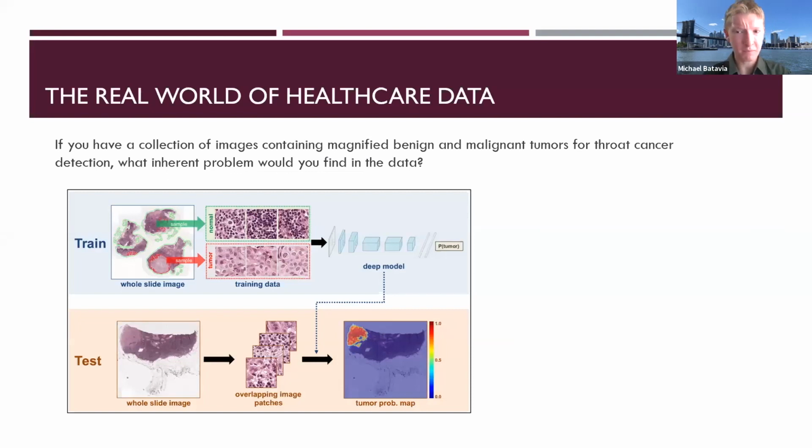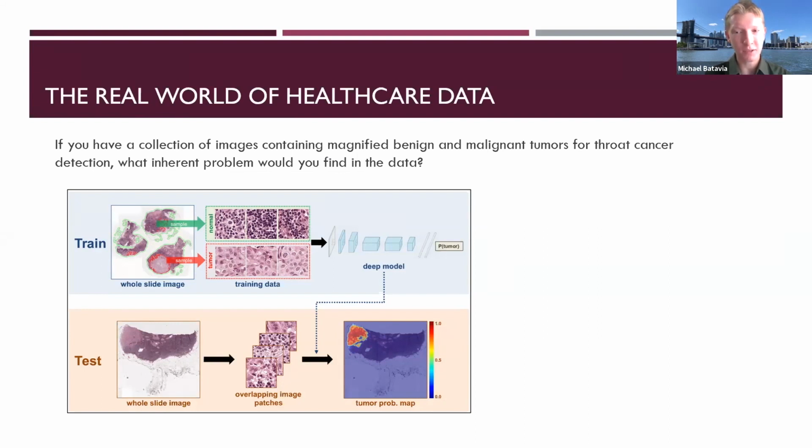Now, I think this might be the last question I asked you guys, because we might be running out of time. But if you guys could respond to this really quickly, and just keep in mind the multi-dimensional array idea. If you have a collection of images, let's just continue with this breast cancer example, containing magnified benign and malignant tumors. This one's for throat cancer.